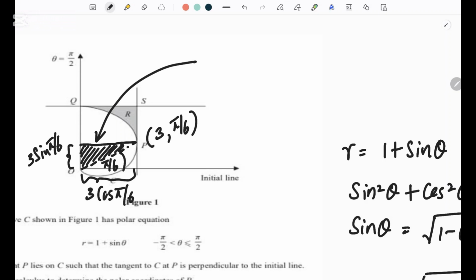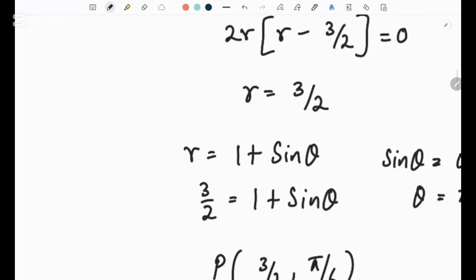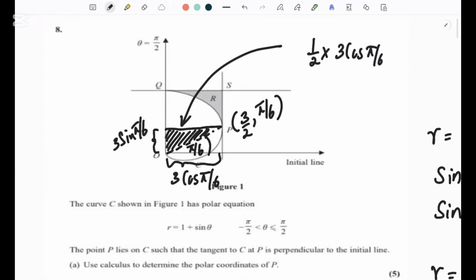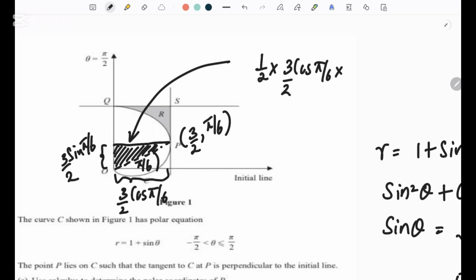Then the area of the triangle would be half times 3 over 2 cos pi over 6 times 3 over 2 sine pi over 6. Using the calculator, that gives me 9 root 3 over 32. Now that's the area of the triangle.